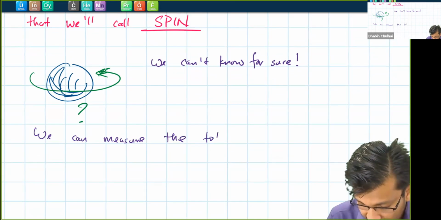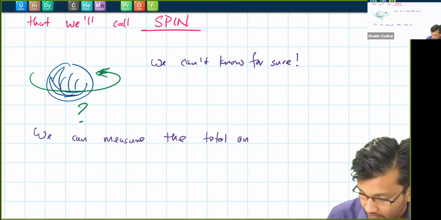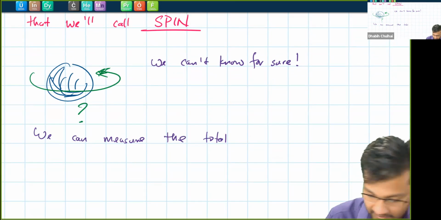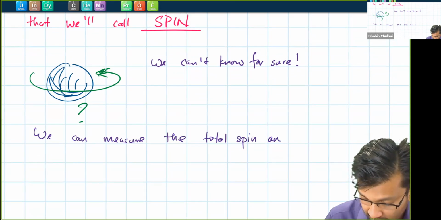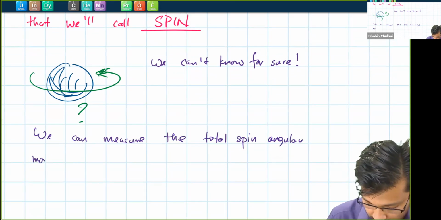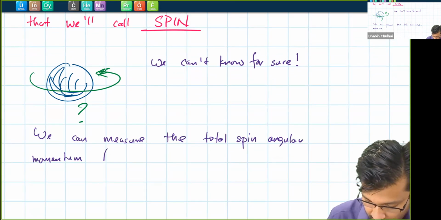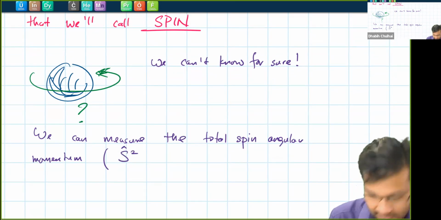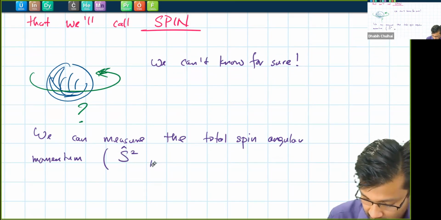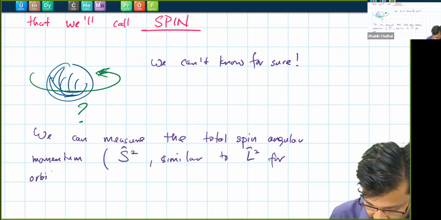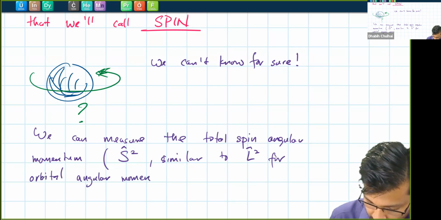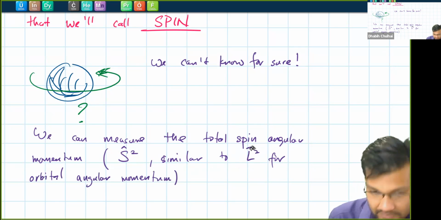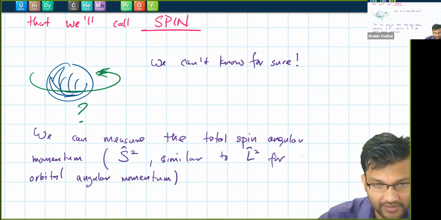So we can't measure the position or shape of the particle and see how it's spinning, but we can measure the total angular momentum, let's call it the total spin angular momentum. We're going to use this operator, capital S squared, which is similar to L squared for orbital angular momentum that we talked about earlier. L squared measures the angular momentum of the electron going around the nucleus.